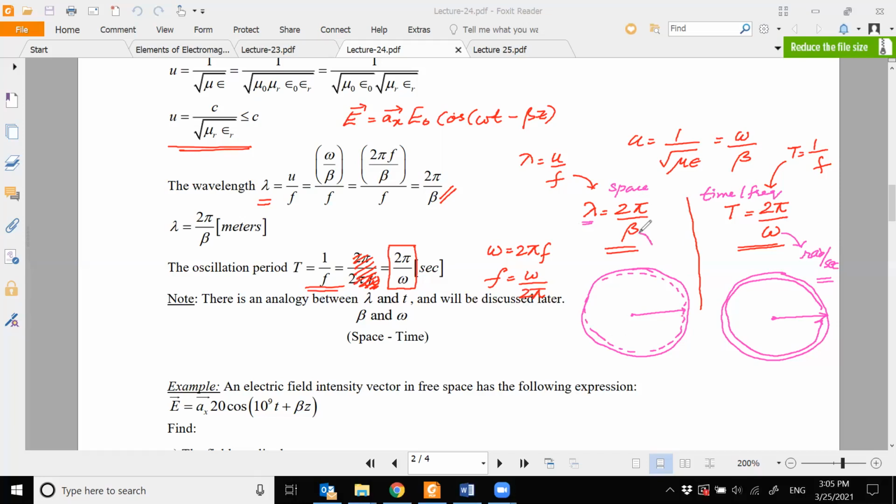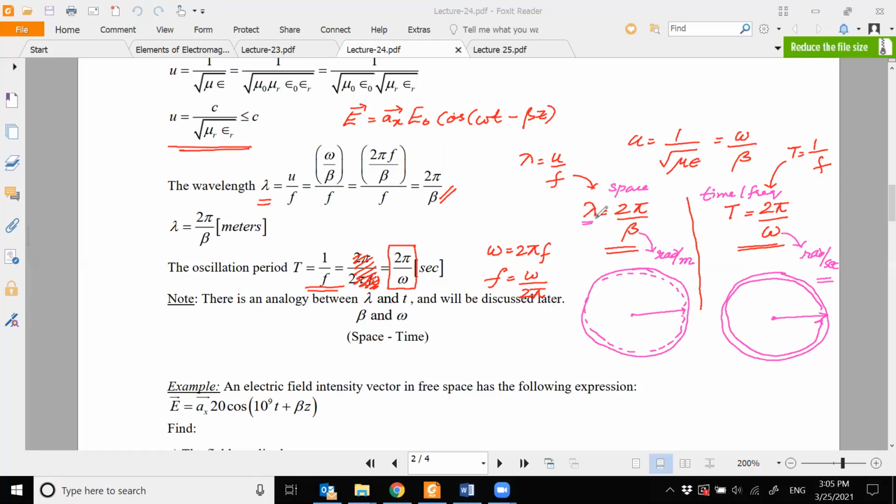And this is radians per meter. If you make one complete oscillation here, that is your wavelength. There, if you make one complete oscillation, that is your time, and in terms of angular velocity it is 2 pi over omega. Here, it is radians per meter.